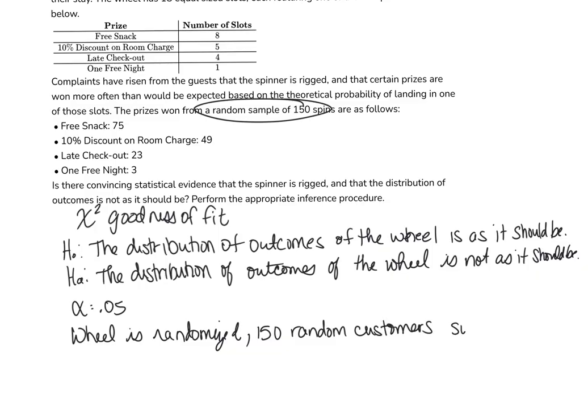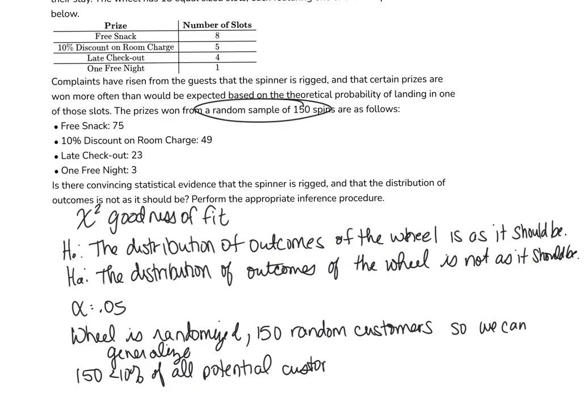Okay, so we can generalize. And 150 is less than 10% of all potential customers. So we can sample without replacement.